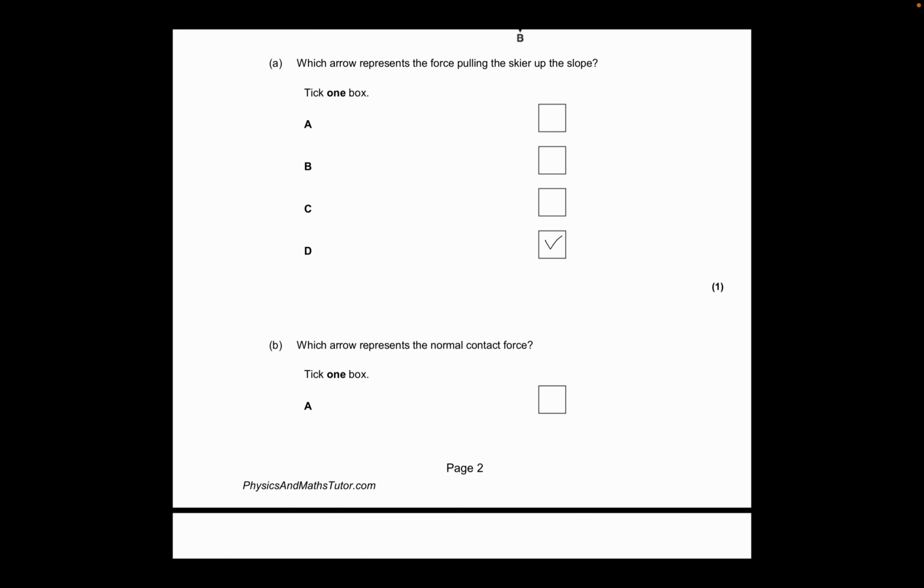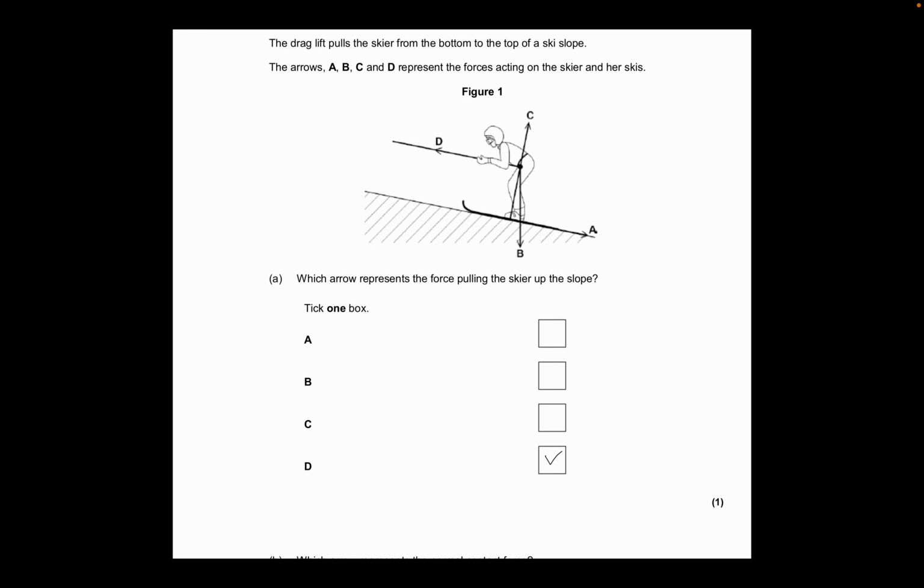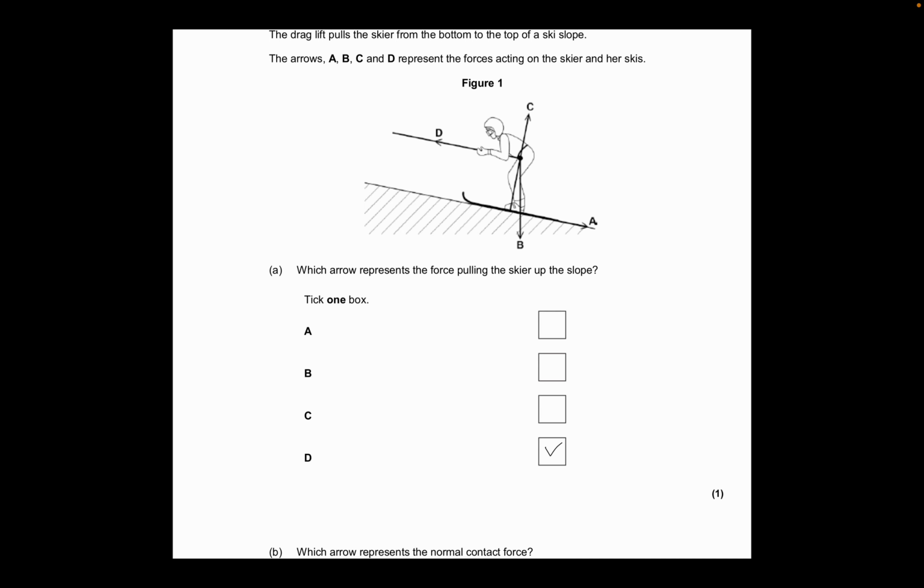So which arrow represents a normal contact force? Like I told you on the diagram, look again carefully. Force B is the weight. So that means the normal contact force acting on this, what is the opposite force acting on B?